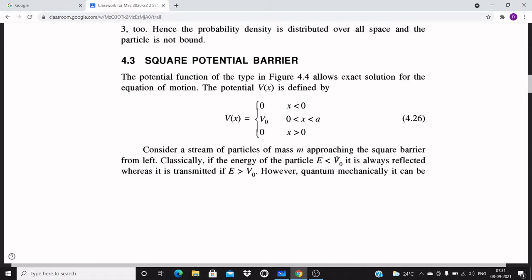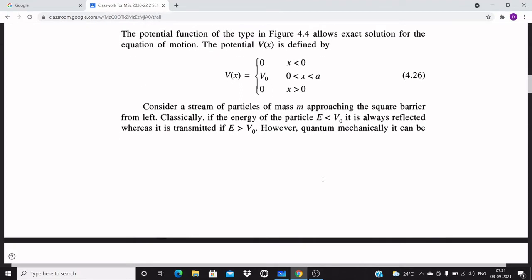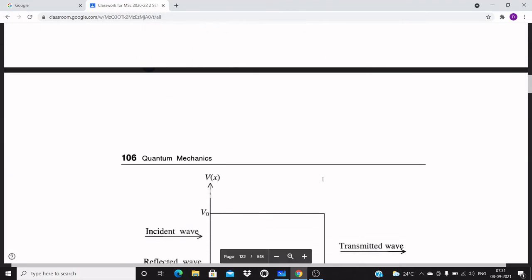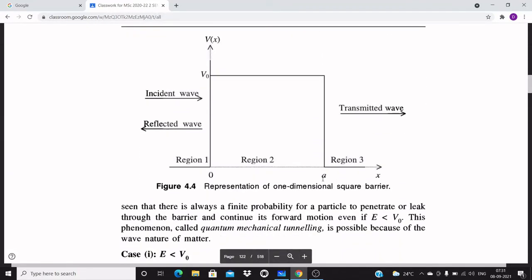But what we are going to prove, while we analyze the coefficients in region 2, that is the transmission and reflection coefficients, is that quantum mechanically there is a chance, or we call it a finite probability, for a particle to penetrate or leak through the barrier and continue its forward motion even if E is less than V0.